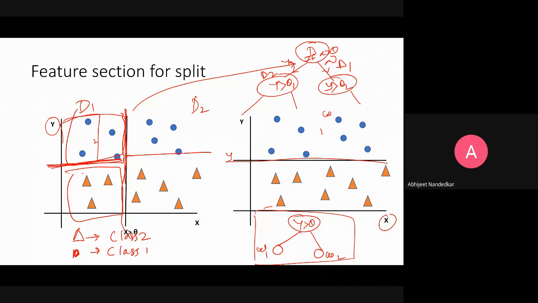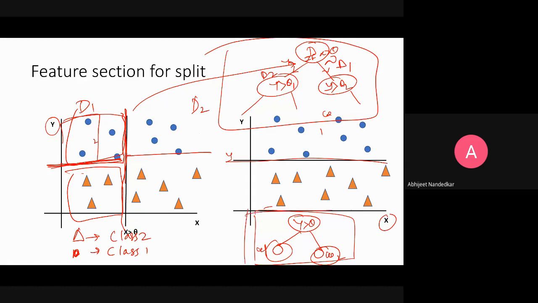That is, only one node is required, and these leaf nodes are for classes. Here you will see that you require 3 nodes in the tree and 4 leaf nodes. So this is a more complicated structure than this one. So just selecting a proper feature can reduce your tree.